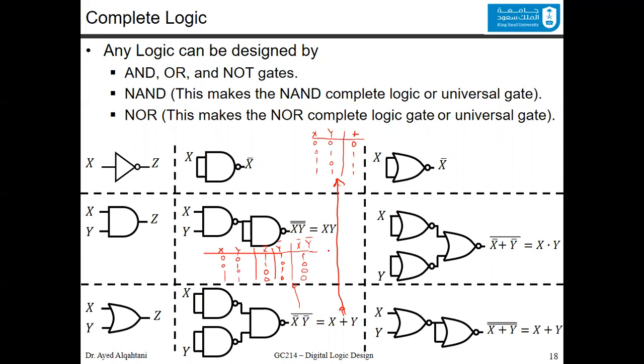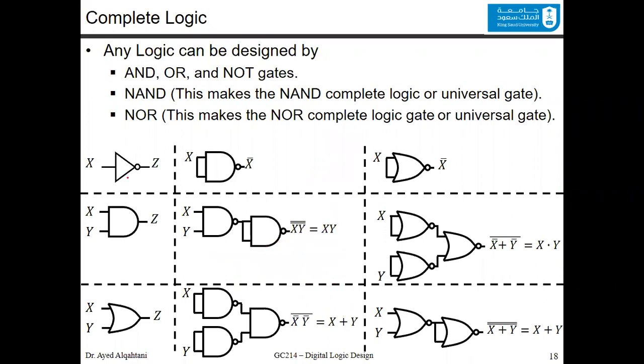After that, you do a full bar for X bar, Y bar, and this is going to be 0, 1, 1, 1, which is the opposite of this one. And you can see from this and this that they are equal. They are really equal to each other.